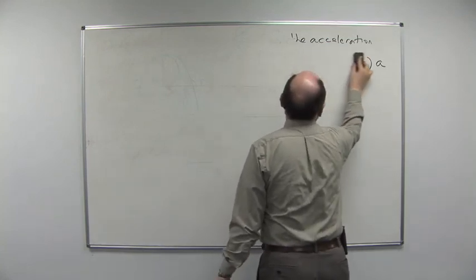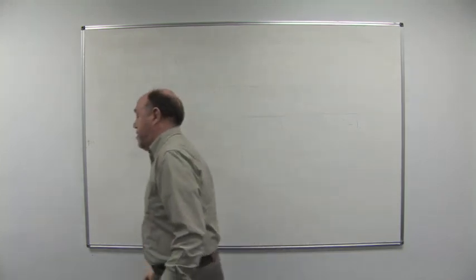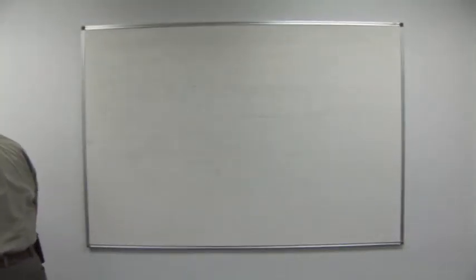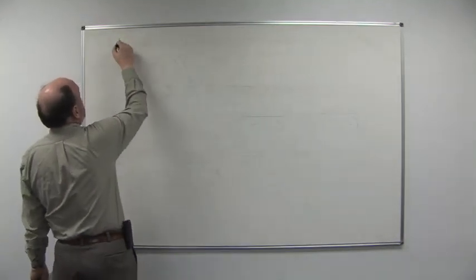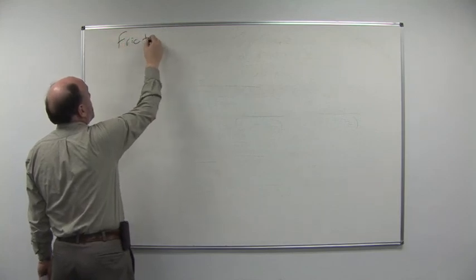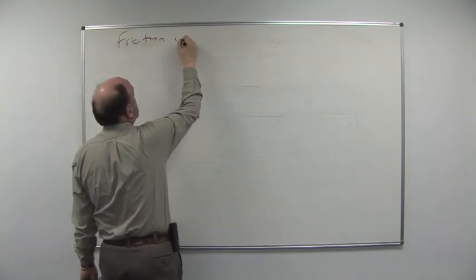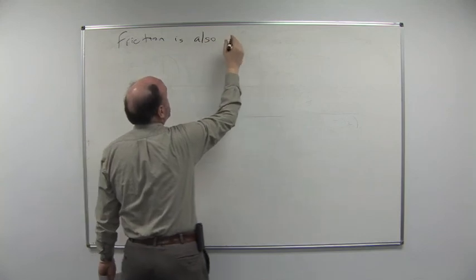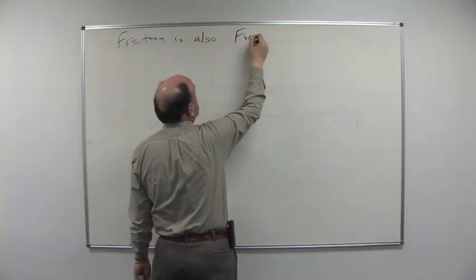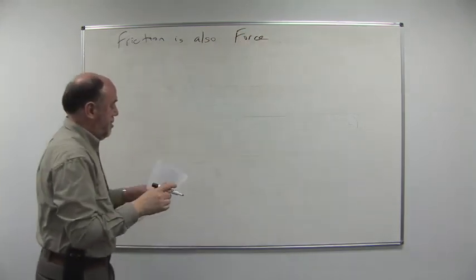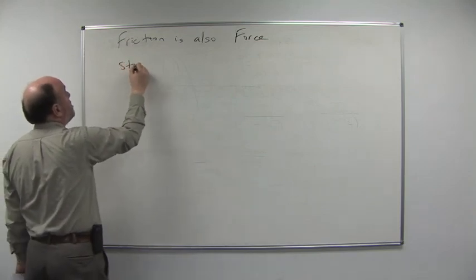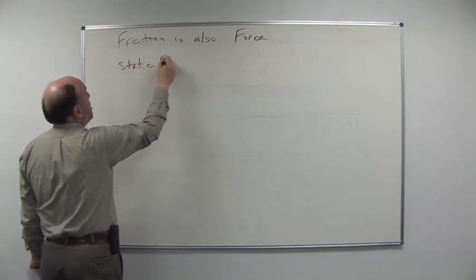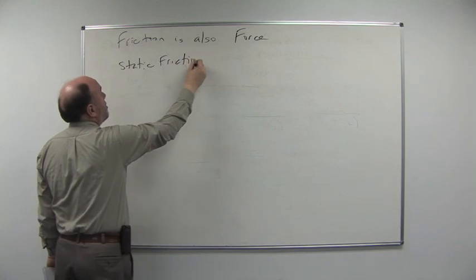And so there are 2 types of friction, and those 2 types are static and kinetic. So there's static friction, and then there is kinetic friction.